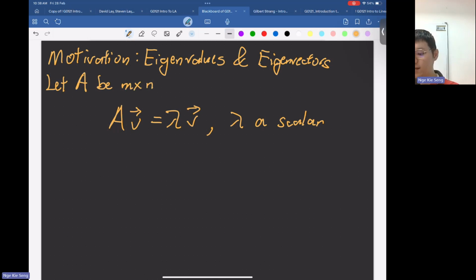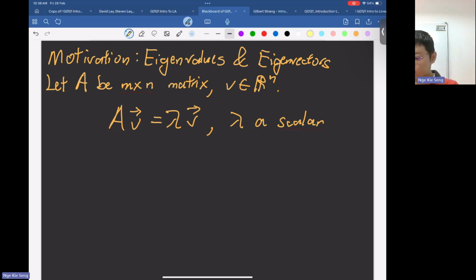What should my v be? Where should v live? R^m or R^n? You must be very certain in this answer already. R^m or R^n? R^n. Okay, so they can multiply together, right? m times n, n times 1.